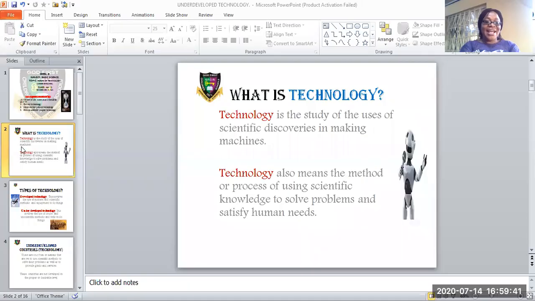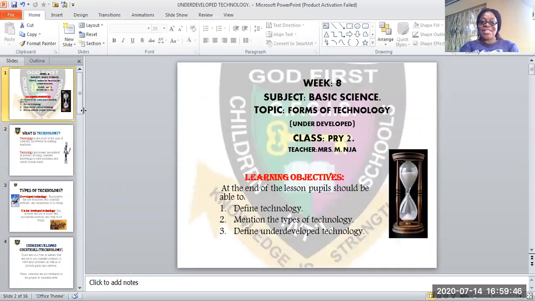Today we are going to study basic science. Our topic is basic science, and we shall be looking at underdevelopment. We were saying that there are forms of technology.